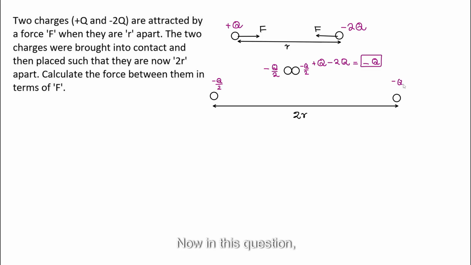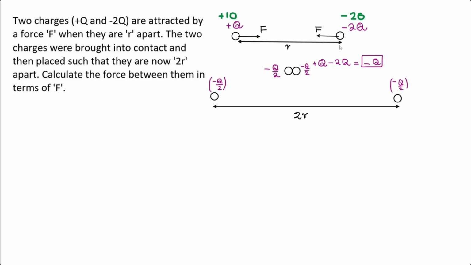Now in this question, this is what most students struggle with. Let me explain this in a simpler way. Imagine this is, say, plus 10 coulombs, the charge. This one, obviously, is twice as much, so it's negative 20.